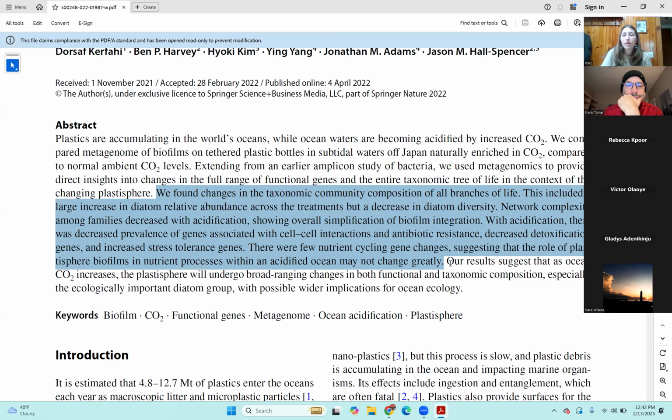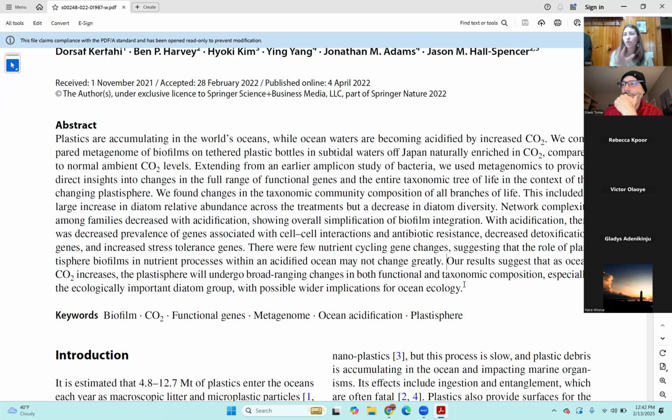And this last sentence is the broader impacts and the grander implications of this work. How do you feel about whether they established a knowledge gap, or do you think that was kind of unclear? How do you feel about that?